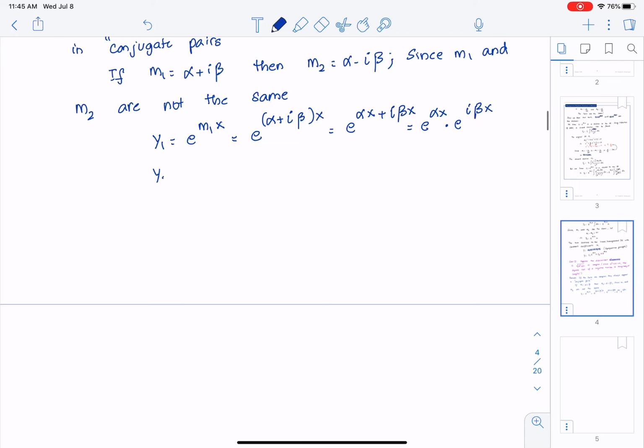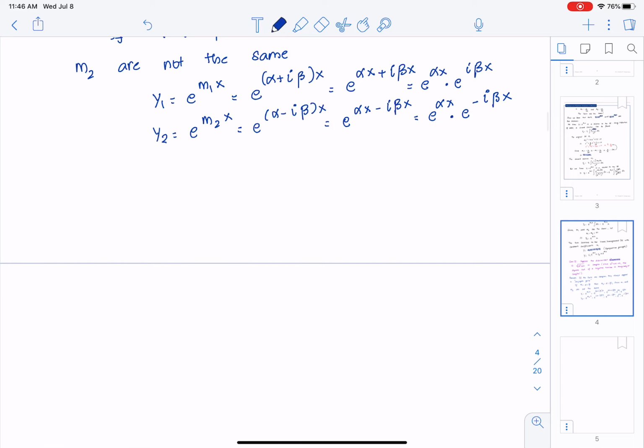The second solution would be e raised m2x. So we have e raised alpha minus i beta x. So e raised alpha x minus i beta x, which should be e raised alpha x multiplied by e raised negative i beta x.